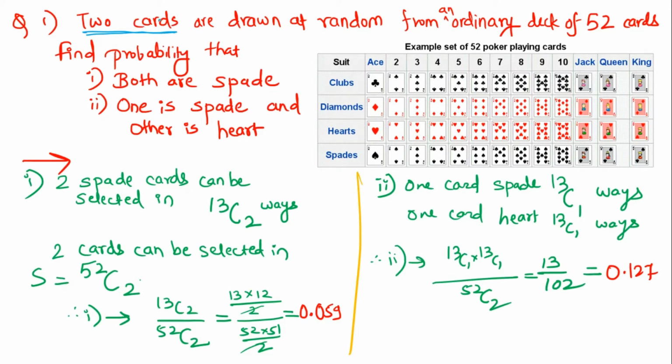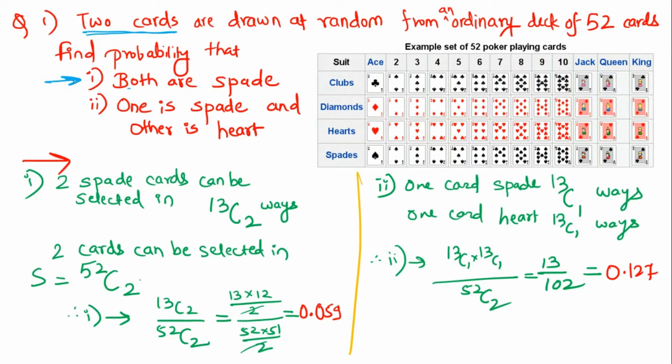So the possible ways to select 2 cards from 52 is 52C2. Now this is my sample space, and additionally it is given that you have to ensure that both are spades. My cards will be spades only if I take out both cards from the spade suit only. So the favorable event will be this.